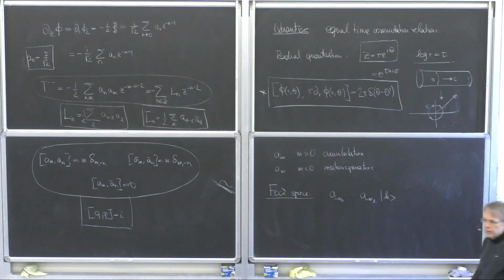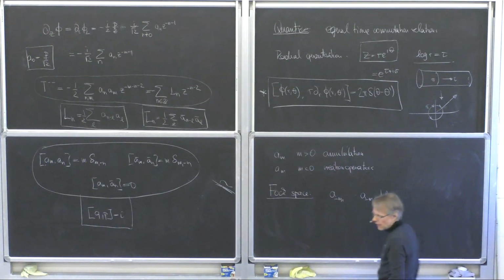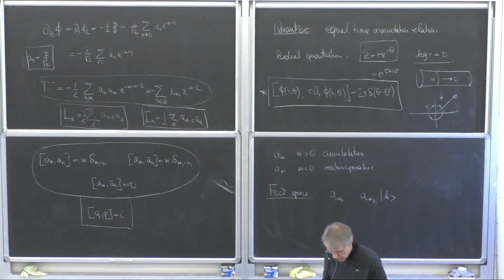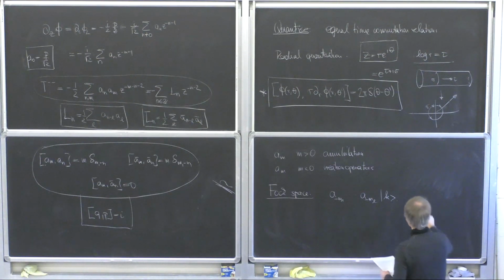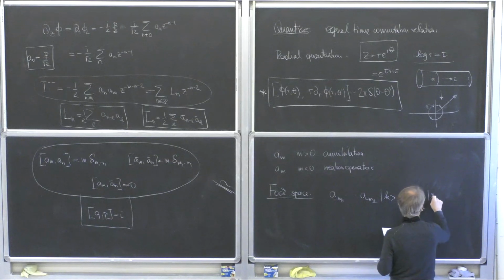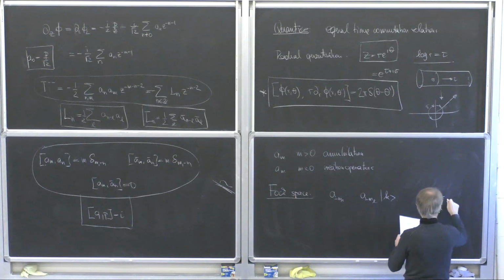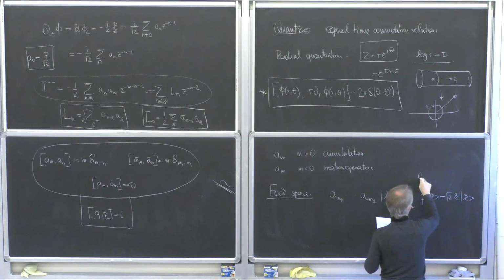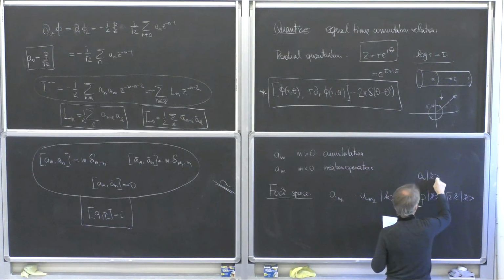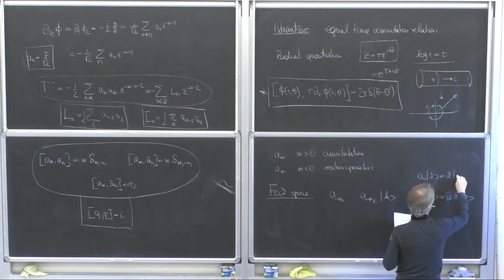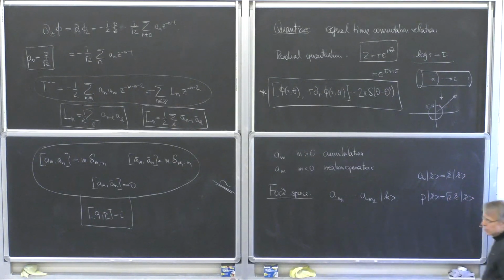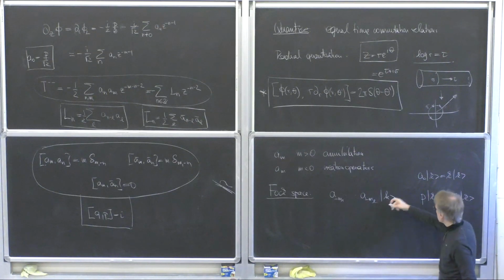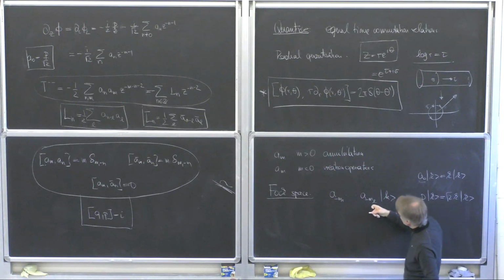The ground state is characterized by a number k, the eigenvalue of A0. So the convention is that P on |k> is the square root of 2 times k on |k>, or put differently, A0 on |k> is just k times |k>. So this bracket labels the eigenvalue with respect to A0.